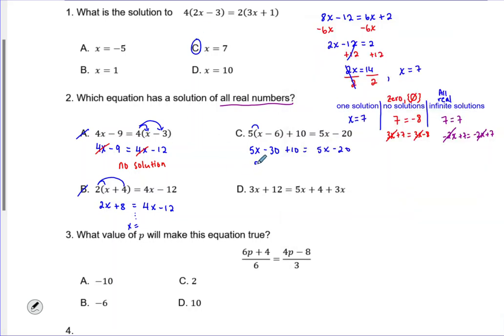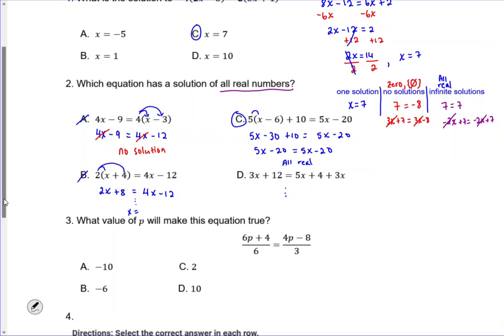So you have here 5x, combine like terms, negative 20 equals 5x minus 20. So this is definitely infinitely many solutions, right? Because look, I have 5x minus 20 here, 5x minus 20 here, the same thing. So this one will be the all real solutions, or infinitely many solutions. So that's the answer. That's what I'm looking for. Okay, I won't do that one.